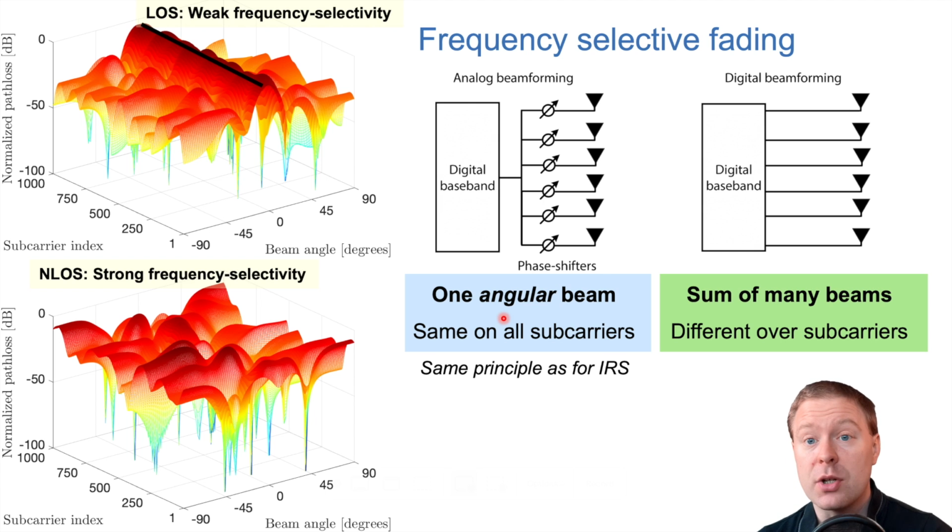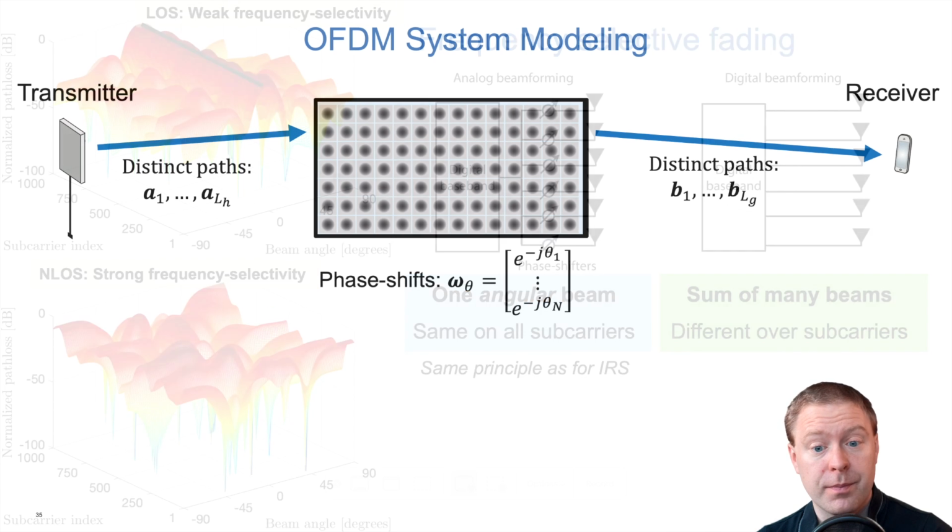This is essentially what an IRS is doing. It is phase shifting the signals before they get re-radiated. So it must be the same on all the subcarriers in a multicarrier, wideband scenario, which means that we can expect that an IRS will be mostly effective in scenarios where analog beamforming would work well, when we have a low frequency selectivity in our channels.